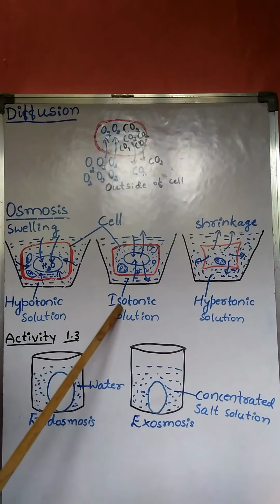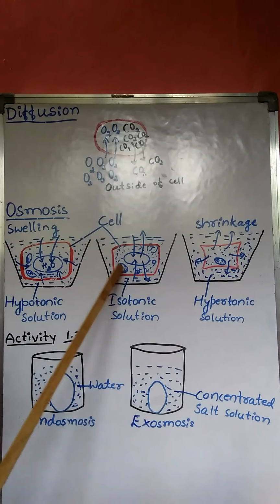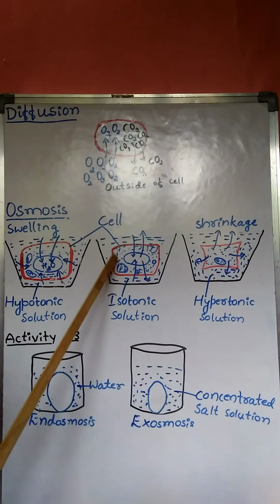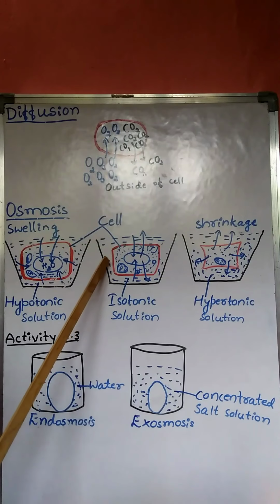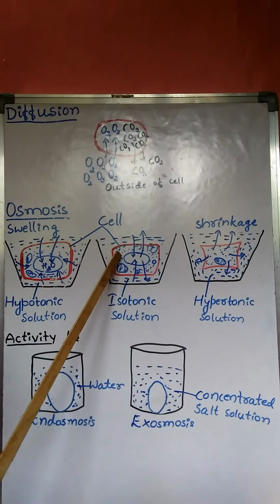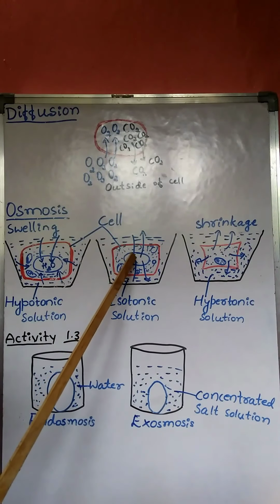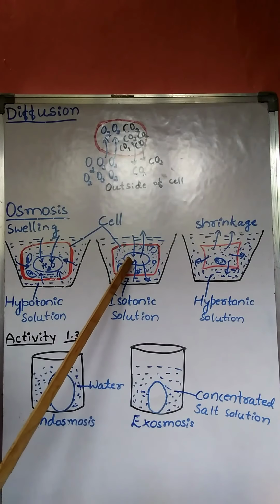Isotonic solution, same. Therefore, the water content is equal in both outside and inside of the cell. Hence, the movement of water molecules takes place from inside to outside as well as from outside to inside, but in equal amount.